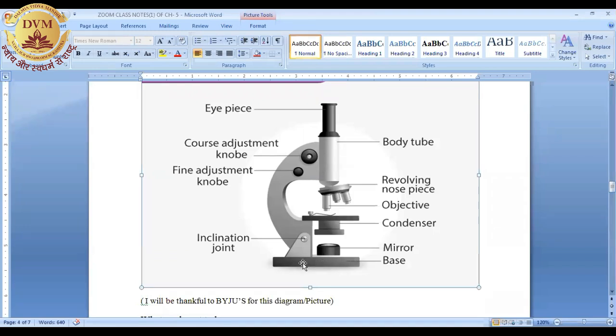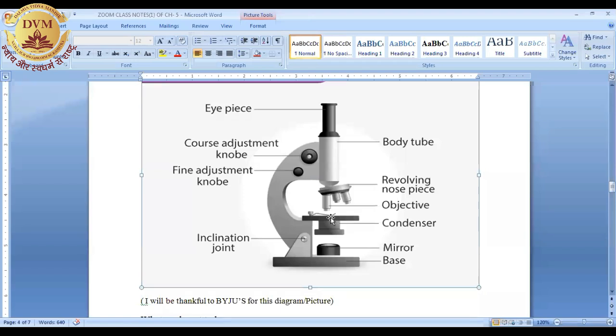Okay, so in this picture you can see that the compound microscope has a base, or you can say a stand, on which the body of the microscope is kept, right? Here is a mirror. This mirror is actually a concave mirror which collects all the light and focuses it on the stage so that you can see the specimen clearly.